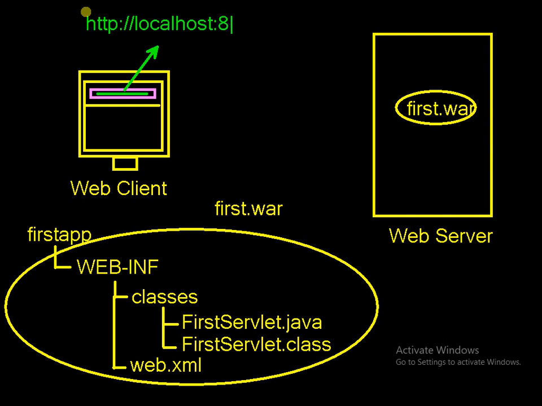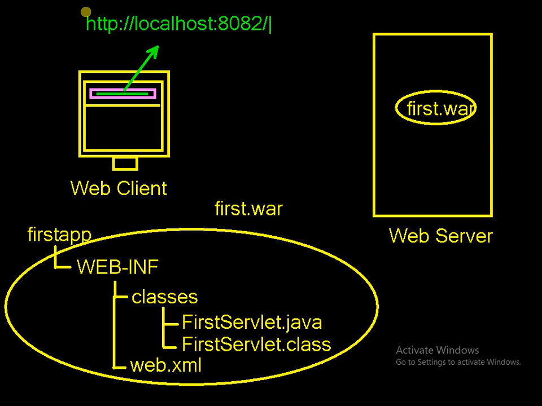After that, the port number of Tomcat server. By default, the port number is 8080. I changed it to 8082 because of the Oracle server port number, the Tomcat server port number, and the JBoss server, nothing but the WildFly server, port number.